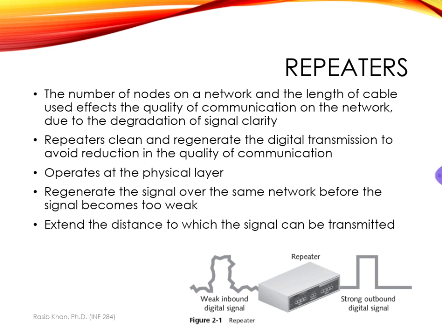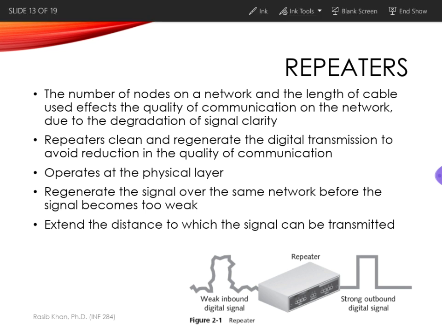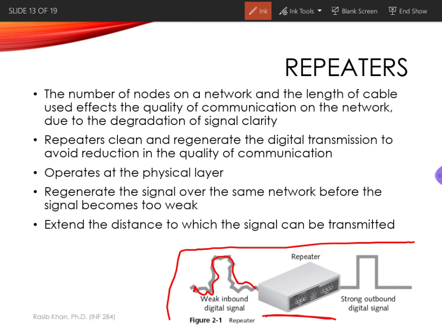So the first device that we will consider is a repeater. This is basically a very simple device, and if you look at the diagram right here, what it does is that you may have, over a long distance of transferring digital data, a weakened signal. So a repeater reads the weak signal, amplifies it, and then sends it out as a stronger signal.